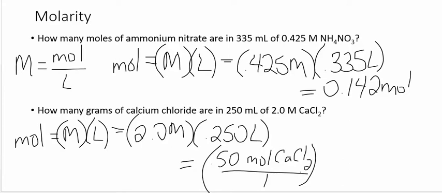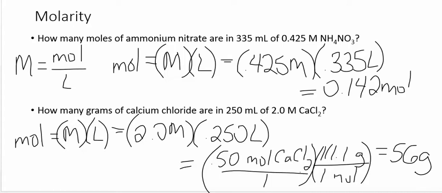So if I want it in grams, all I have to do is find the molar mass of CaCl2, and 1 mole, the number of grams from the periodic table is 111.1, and that will get me 55.5 grams of calcium chloride. So that's my molarity equation. Molarity is the most common concentration unit that we will use.